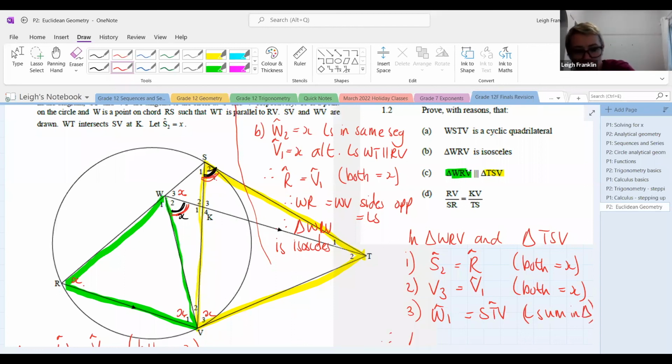Therefore, triangle WRV is similar to triangle TSV, angle, angle, angle. And that'll get us our 3 marks.